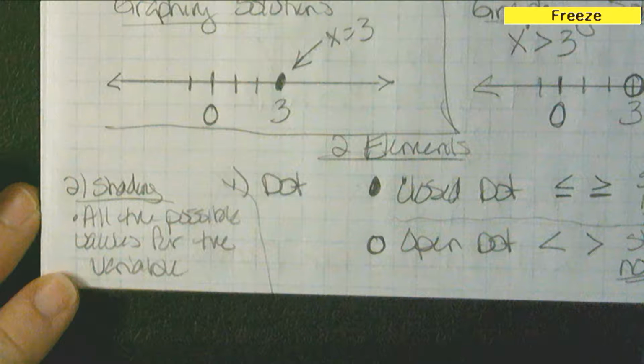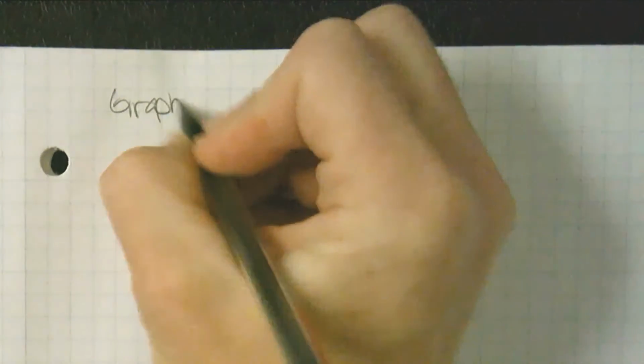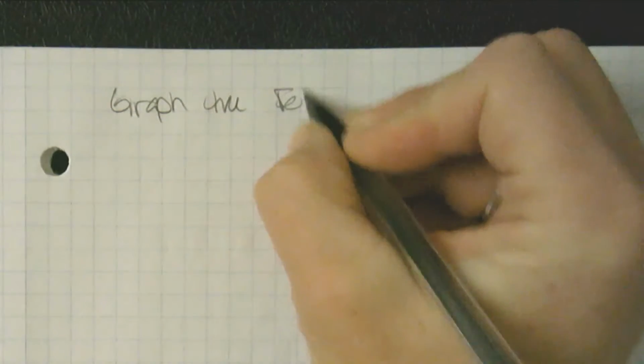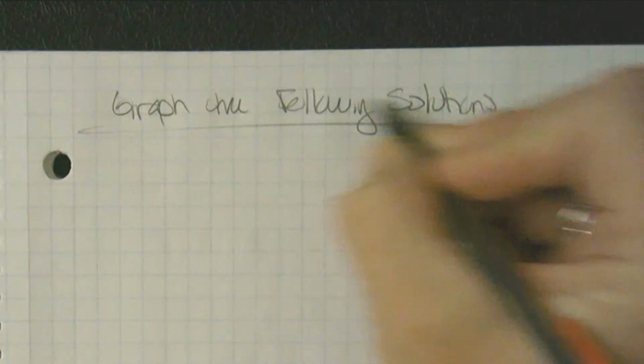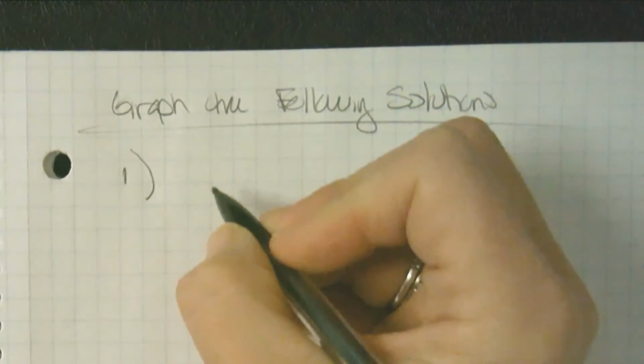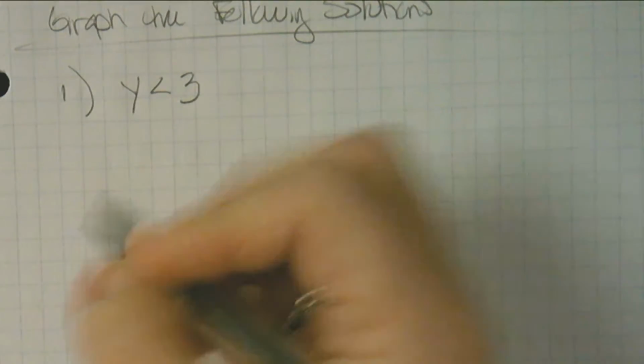Because the variable will not always come first, okay? My first one is y is less than 3. I'm going to put all 4 of them up. Go ahead and get started on that one.